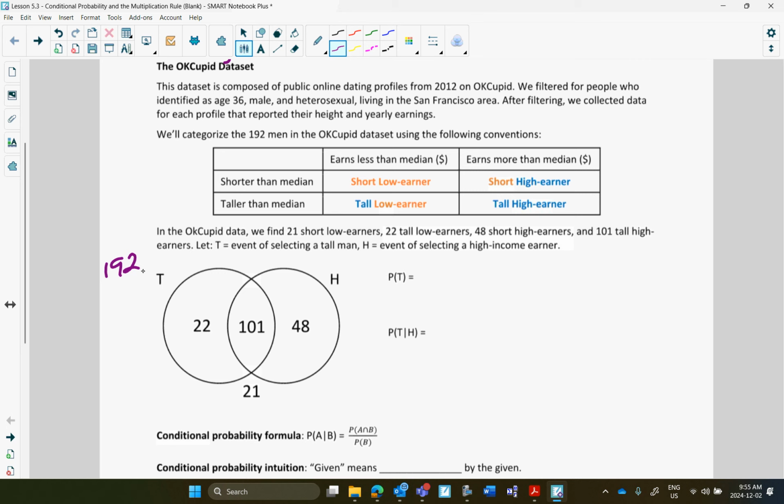What's the probability of selecting a tall man? It's 22 plus 101 over 192, which gives us 123 over 192.